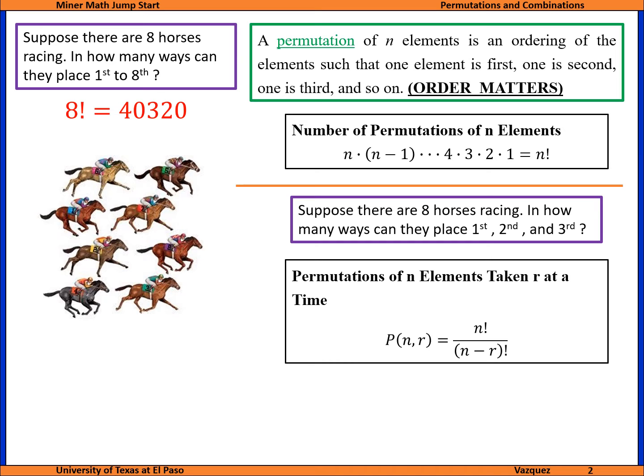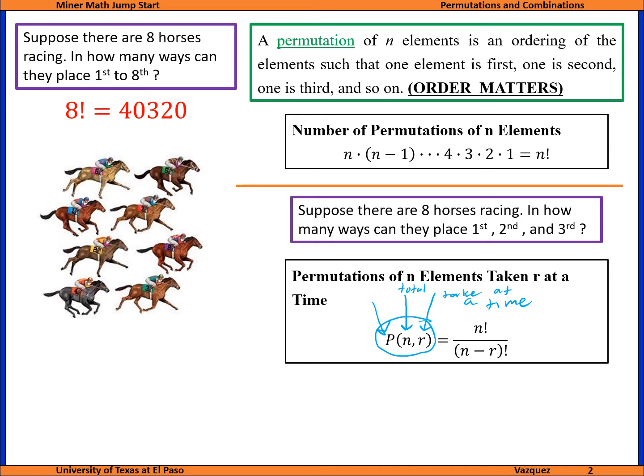The P lets us know that it's a permutation. N is the total. And then R is how many you take at a time.